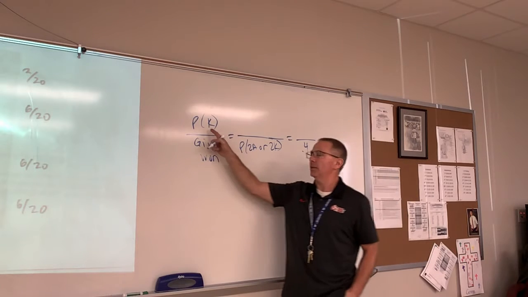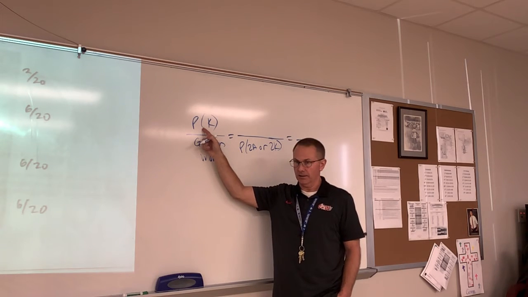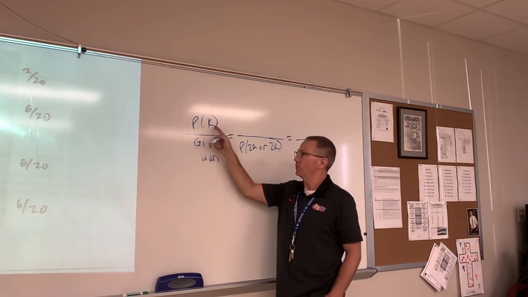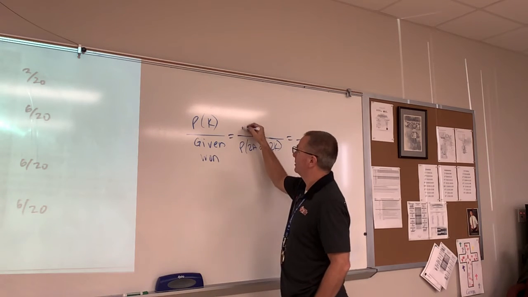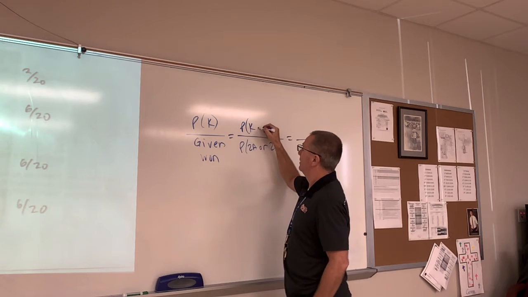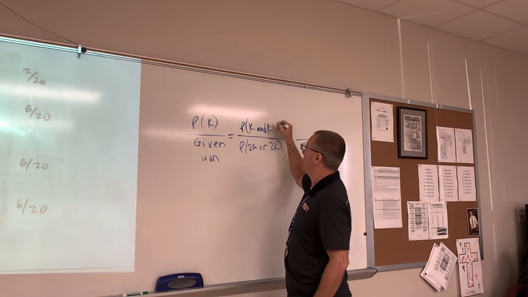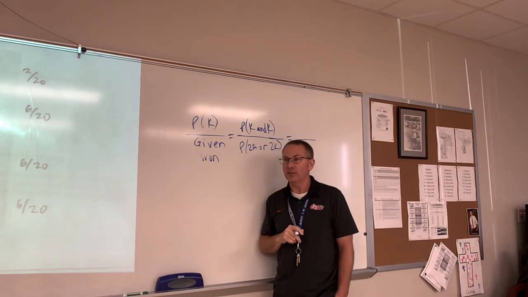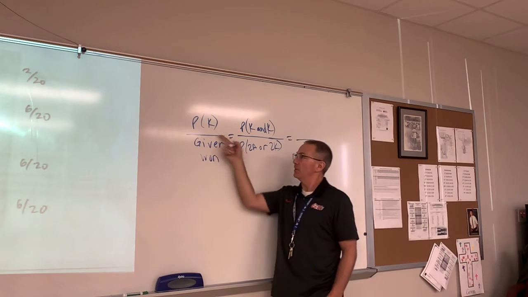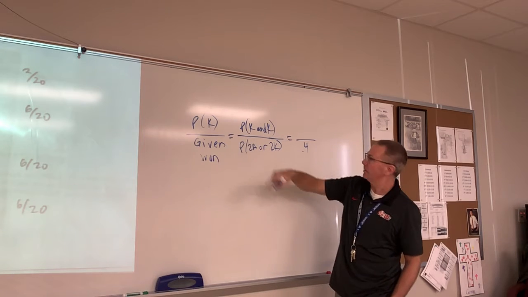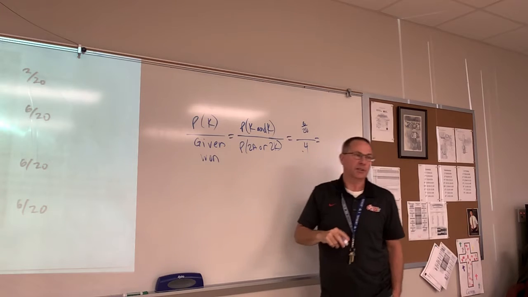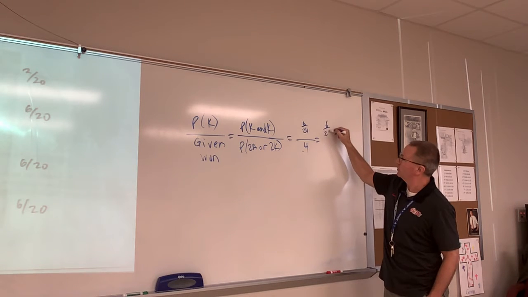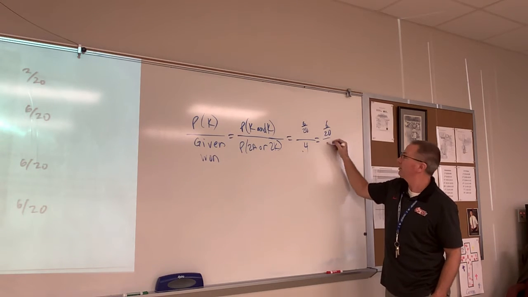So the probability that your first card was a king, given that you're winning, is really asking the probability that you have a king and then you won, so you had to have another king. That's what that's asking. So this piece is 6/20, and that's over 8/20.